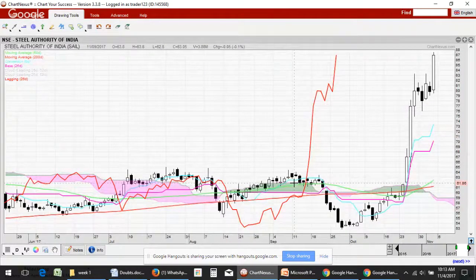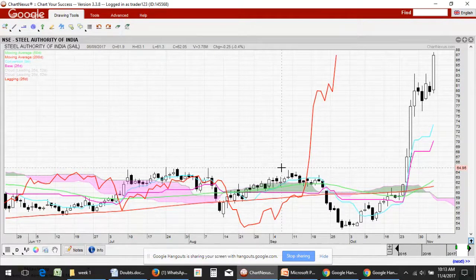Here's a stock like Sale, and this is showing the Ichimoku system. And remember that we looked at the Chikou breakout method in the Ichimoku system. This is just to show a recent example of where you could have invested in this stock. Let me draw a line.